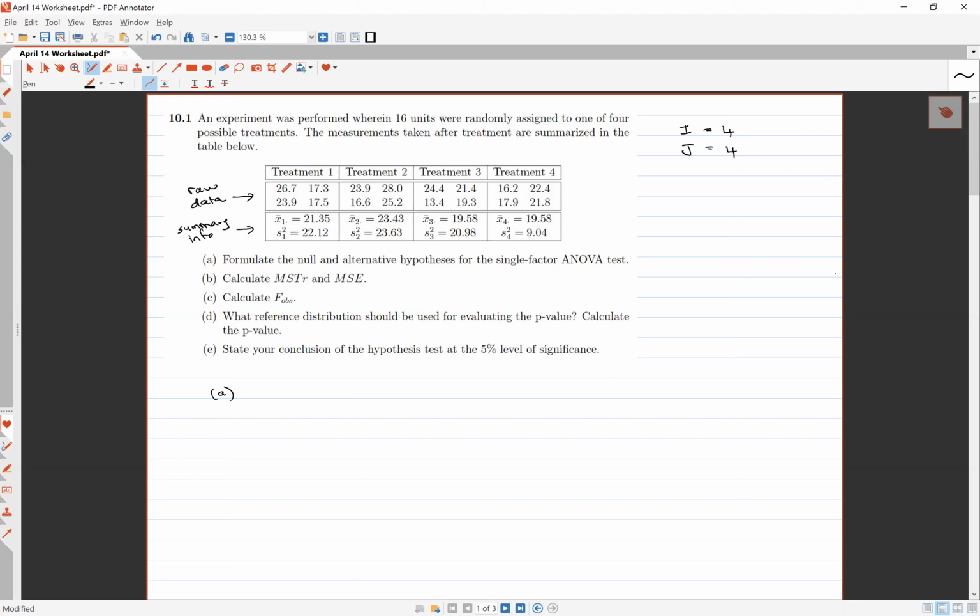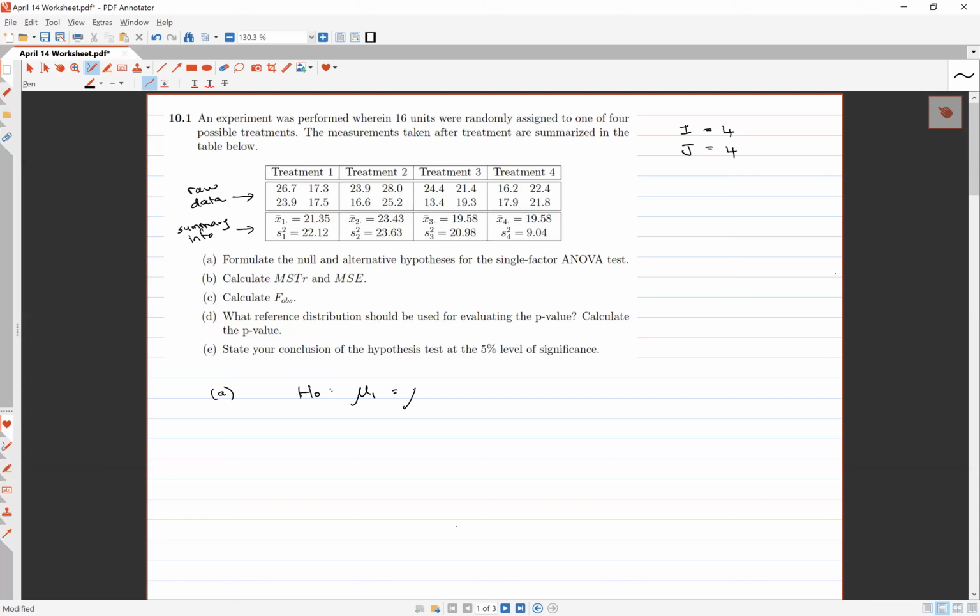There's just a treatment that's different across groups. If you add extra layers to it, it's no longer a single factor ANOVA, but that's beyond what we'll be covering in this class. So our null hypothesis is that all the treatment populations have equal means.